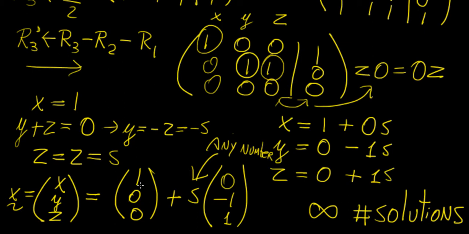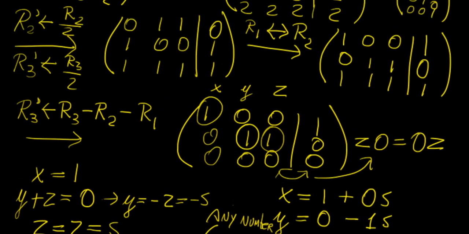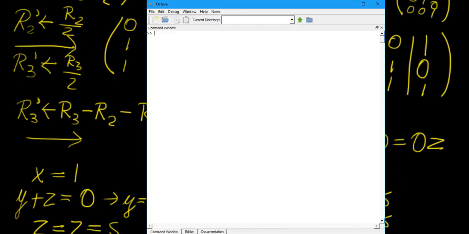Now, how will we go about using Octave to solve something like this? In fact, you can also use MATLAB because the commands are pretty much the same. So let's open Octave. I have my command window here. We're going to write down our matrix A. So A equals the following, with square brackets. I'm going to have 0, comma, 1, comma, 1.